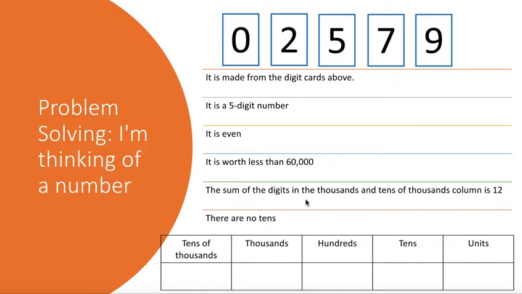And the sum of the digits in the thousands and the tens of thousands column is 12. Whatever digits go into these places, they must equal 12 if they're added together. And the final clue is that there are no tens. Okay, have a go. Pause the video, have a go, and then we'll work it through together in just a moment.